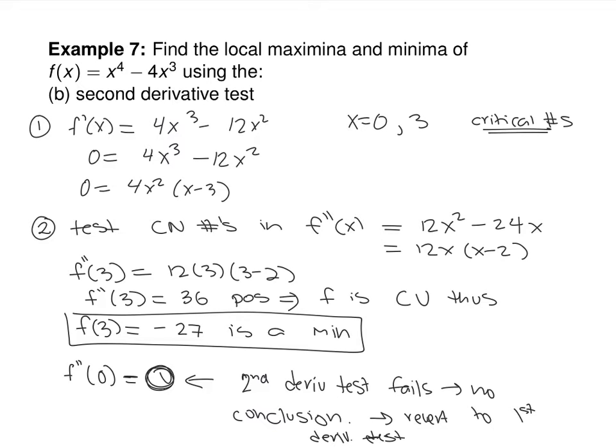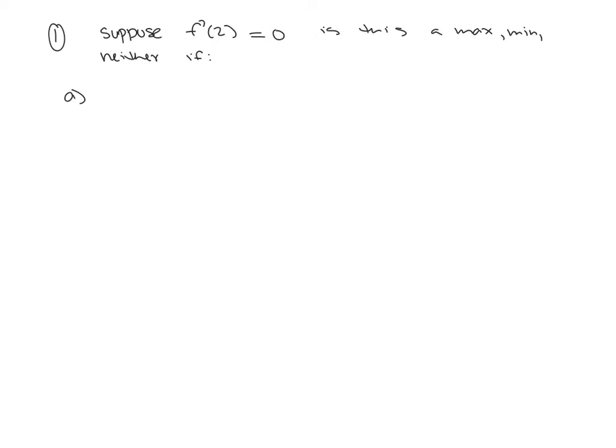Okay, so here's how I could ask you about this on your paper. I could say something like, suppose f prime of 2 is equal to 0. Is this a max, min, or neither? Part A, or I guess neither probably is better, inconclusive.